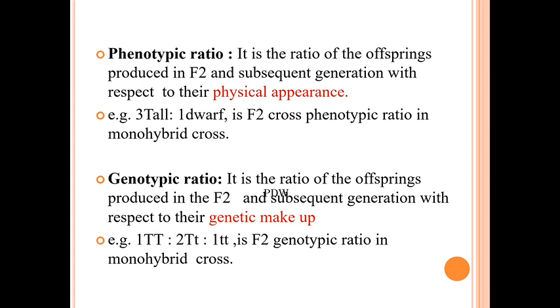So the phenotypic ratio is 3:1, tall to dwarf, and the genotypic ratio is 1 capital T capital T to 2 capital T small t to 1 small t small t.